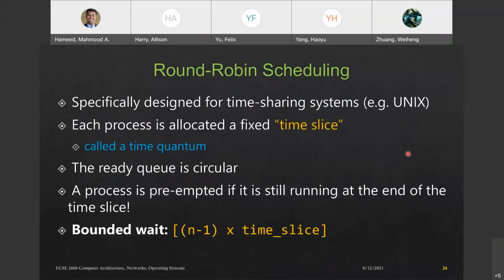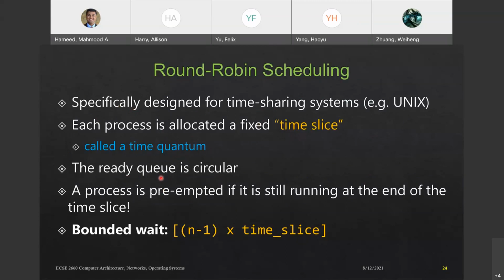Next, round robin scheduling. Let us try to play fair, sort of a socialistic algorithm here. Everybody gets the same time slice, a fixed time slice, called the time quantum. It is specifically designed for time sharing systems. Here you are making the ready queue circular.